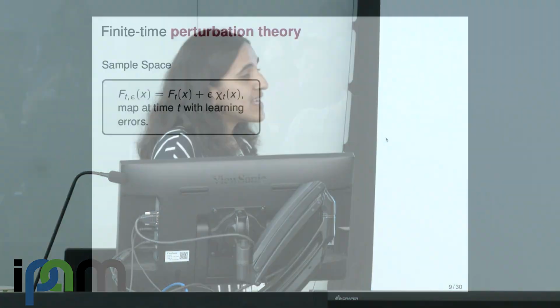It is the error that comes from a neural network approximation. Could be anything, approximation error, regression error, wherever the error comes from, that is what I am writing here as chi t. So correspondingly, we have a perturbed generative model, which I will now denote as Ft epsilon.